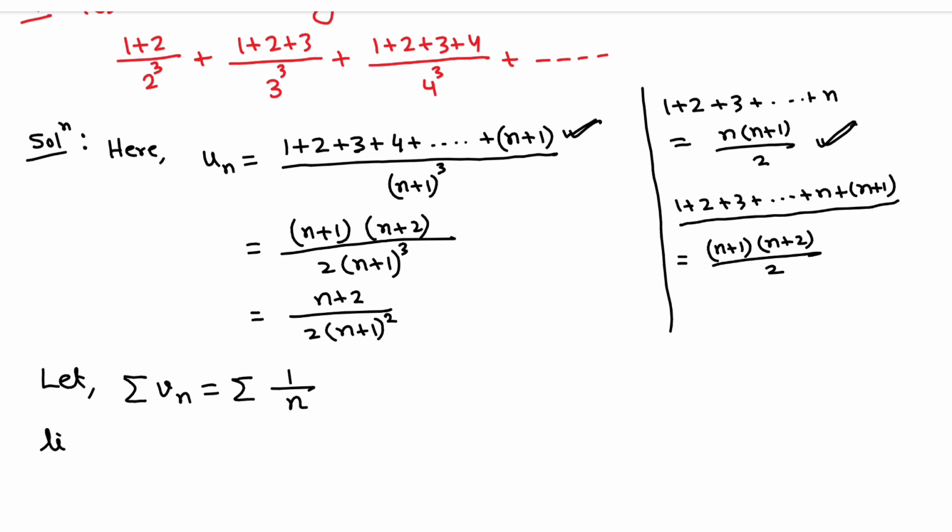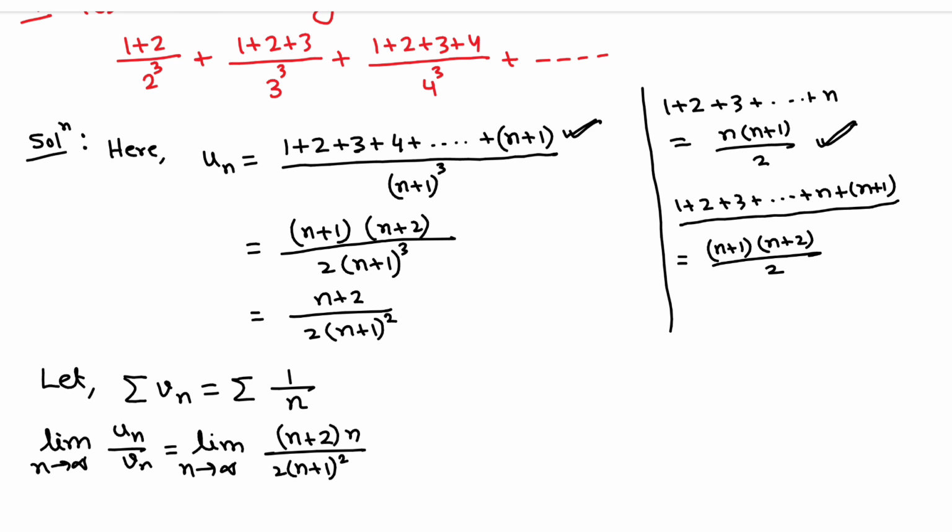So limit n tends to infinity un by vn equals limit n tends to infinity (n plus 2) divided by 2 into (n plus 1) whole square, divided by 1 by n. The n will be on the numerator, so into n.